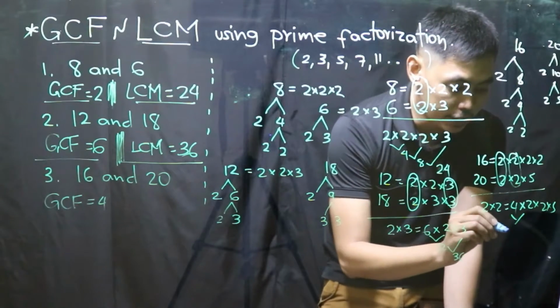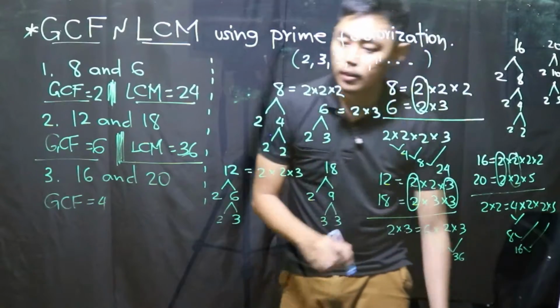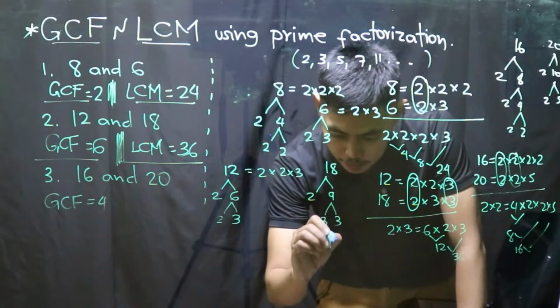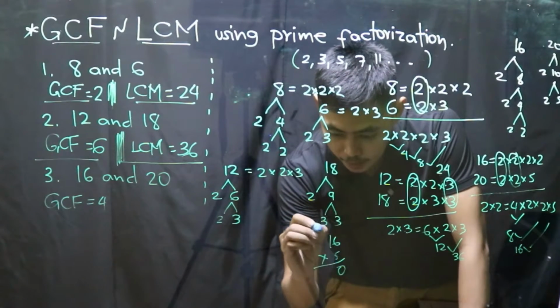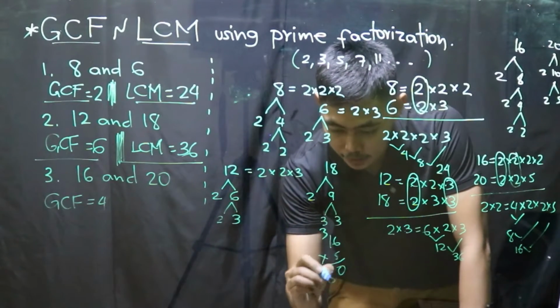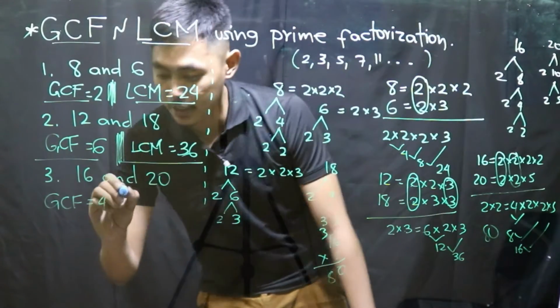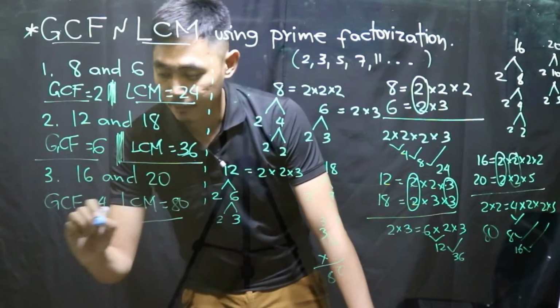So, the answer here is 16 times 5. How much is it? Let's have 16 times 5. That would be, 3 times 5, 80, right? Okay. So, the answer is 80. So, our least common multiple is equal to 80.